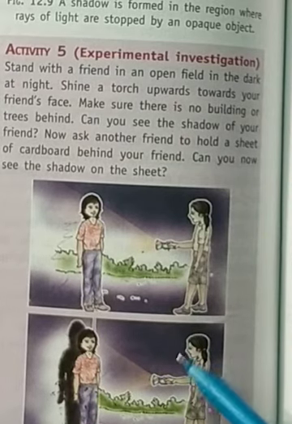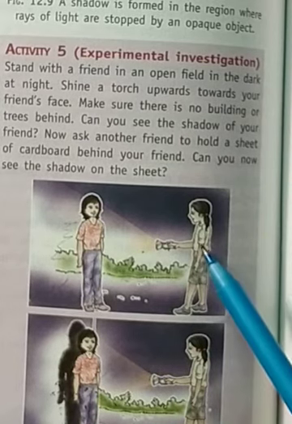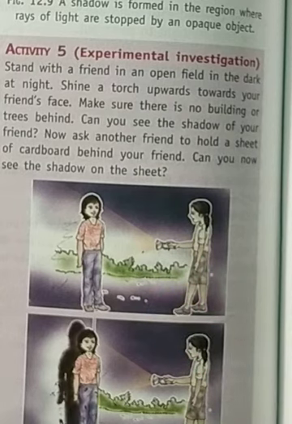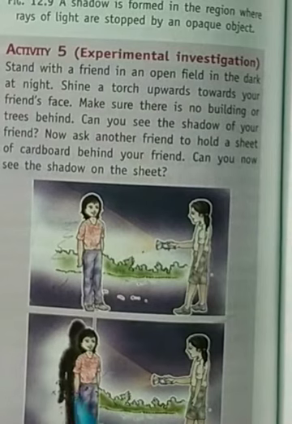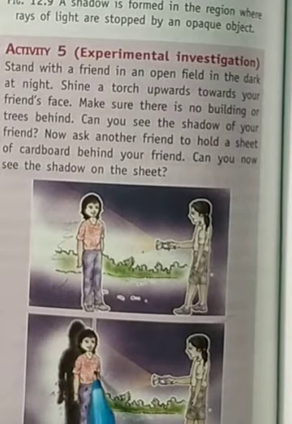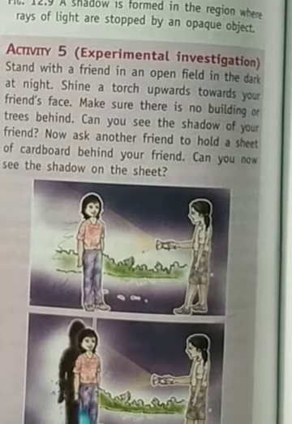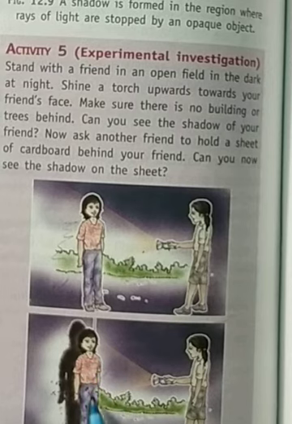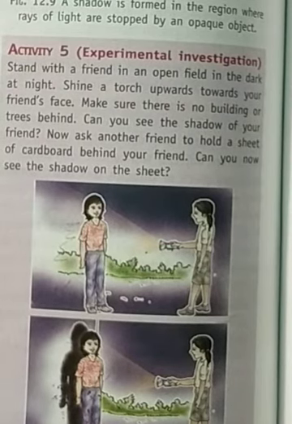So what is difference between these two? The difference is that in the second picture there is formation of shadow. And why there is a formation of shadow? Because this boy is standing near to the wall, and on the wall the shadow can be formed. So this shows that for the formation of shadow, one structure is required, that is known as screen.